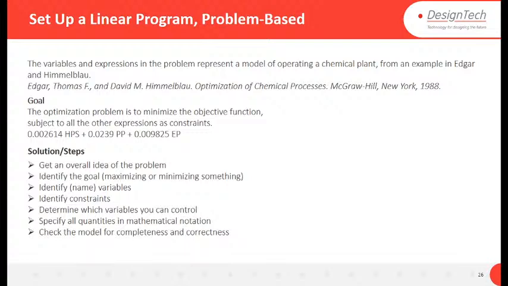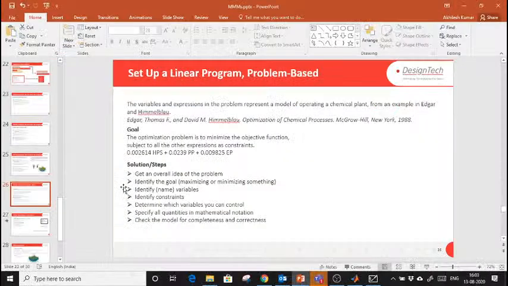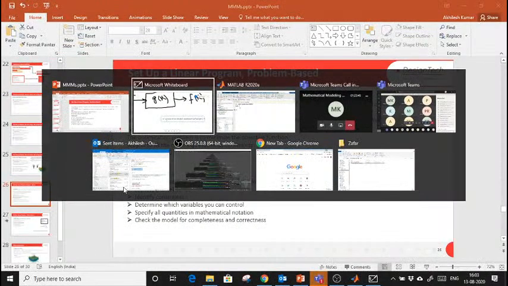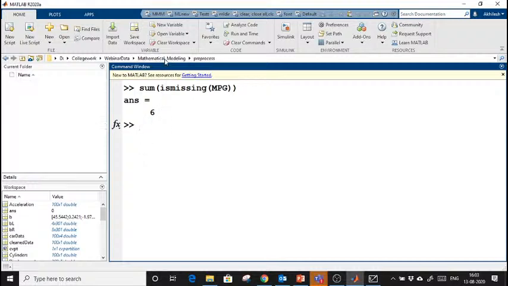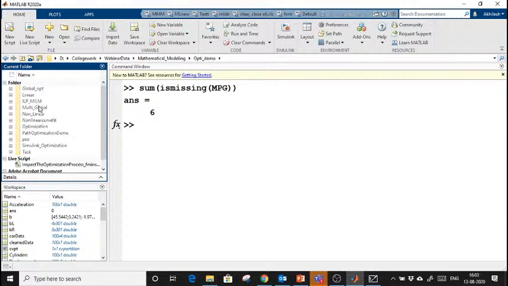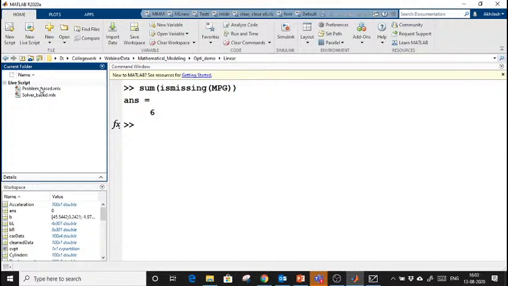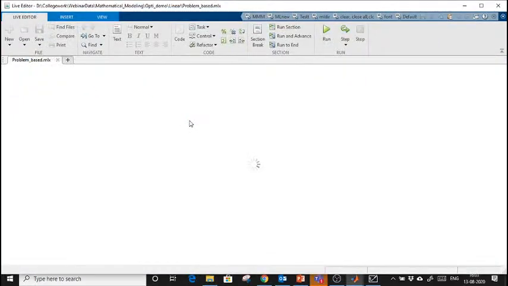Then determine which variables you can control, meaning which variable is more sensitive, specify all quantities in mathematical notation and check the model further. Okay, this is the process we are going to follow. I am switching here and I am going to open that model which I am talking about. Okay, so I am going to choose problem based.